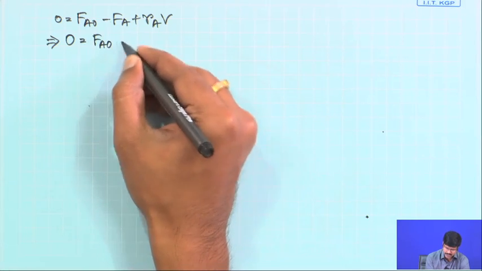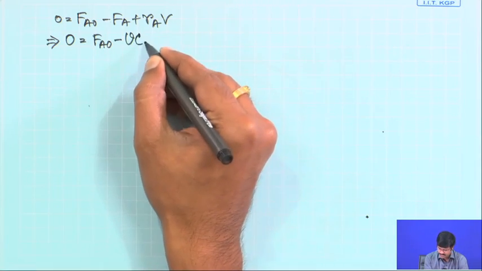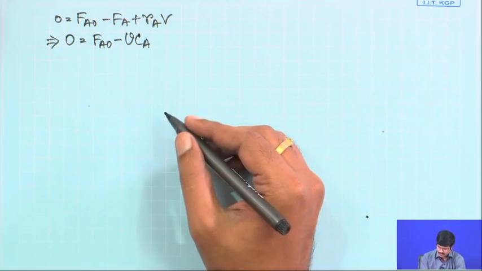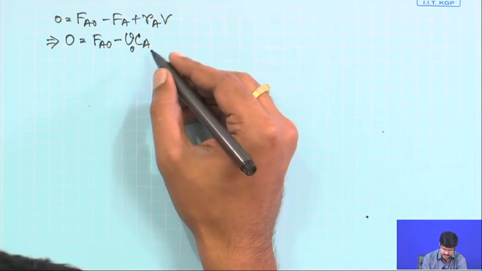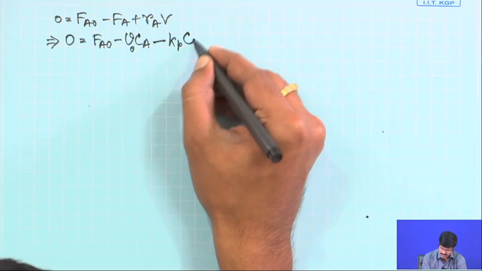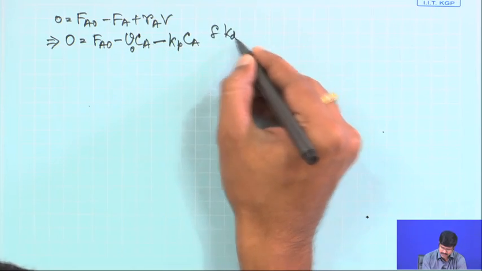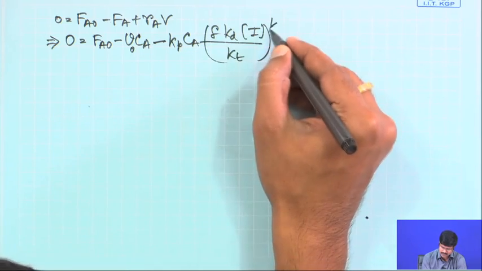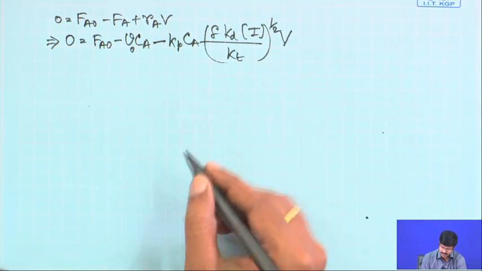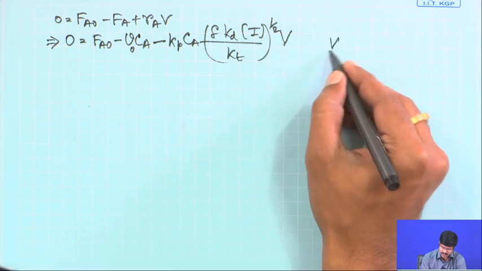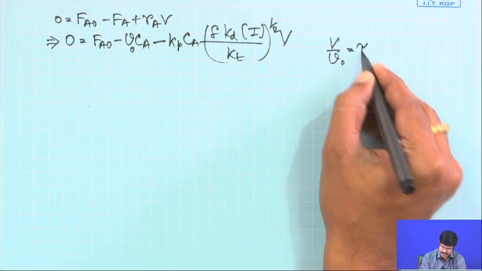So, Fa0 minus V into Ca, so that is minus V into Ca, or V0 into Ca, minus Kp into Ca into f Kd I divided by Kt to the power half into V, and also remember that V by V0 is basically your residence time.